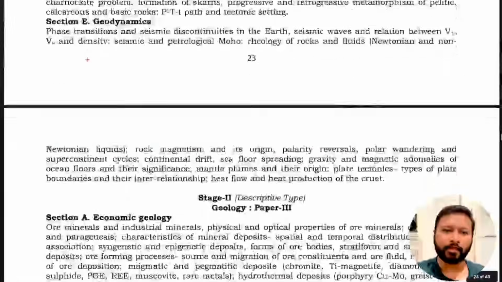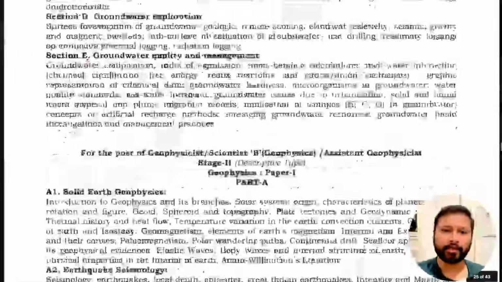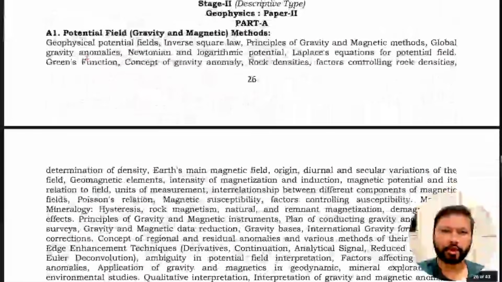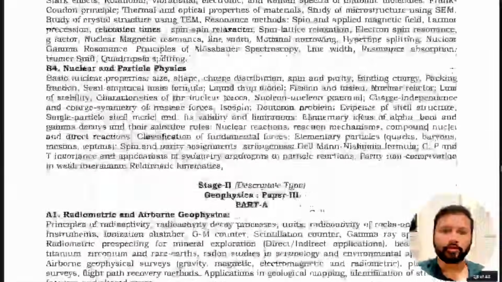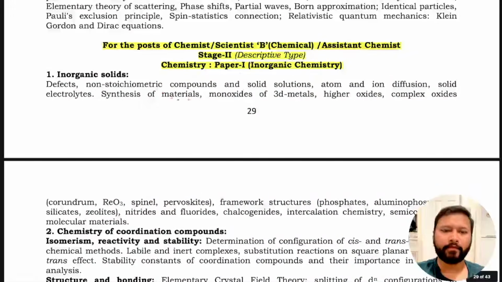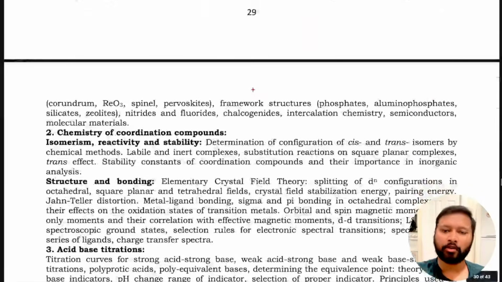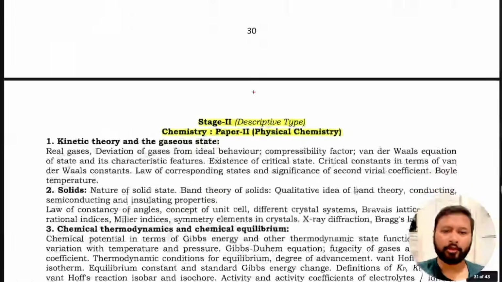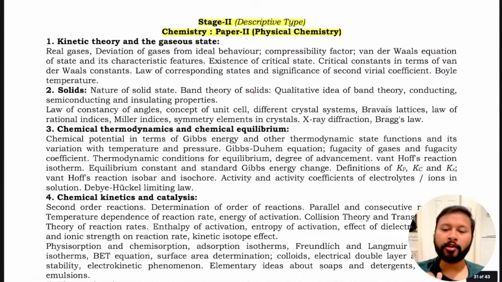Then for the mains, they have given a very detailed syllabus for chemistry. For the descriptive type, you will have three papers. Paper 1 will be your inorganic chemistry. The complete inorganic chemistry syllabus is there, whatever you study for CSIR NET. Paper 2 is physical chemistry.